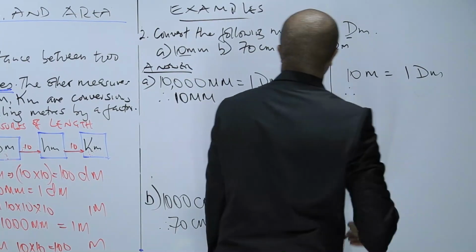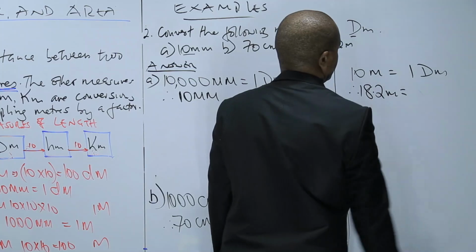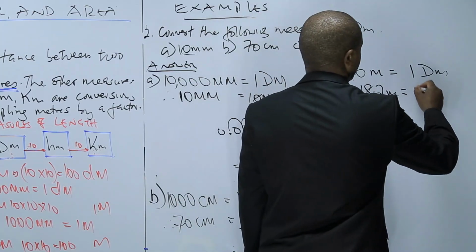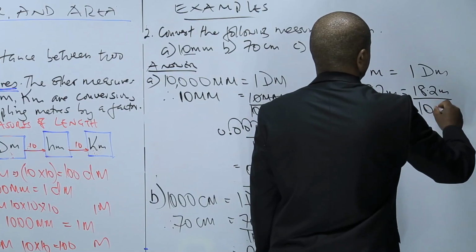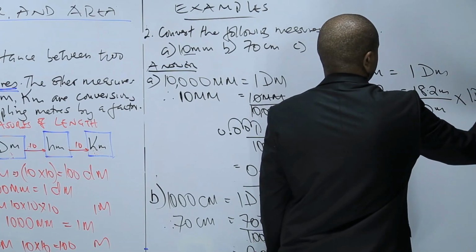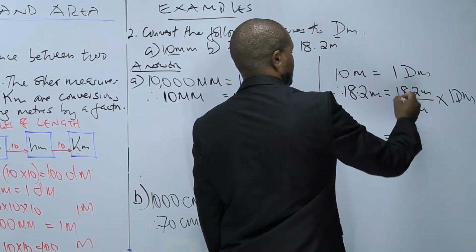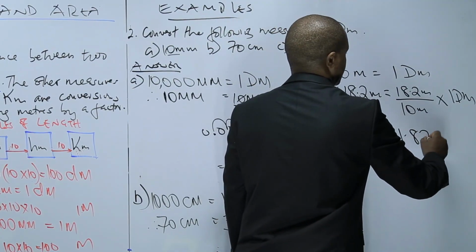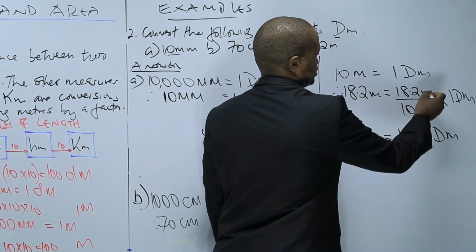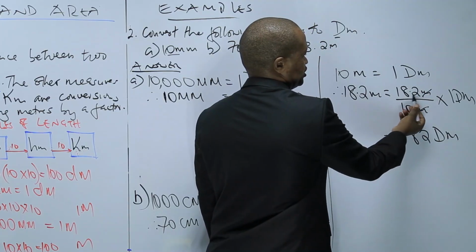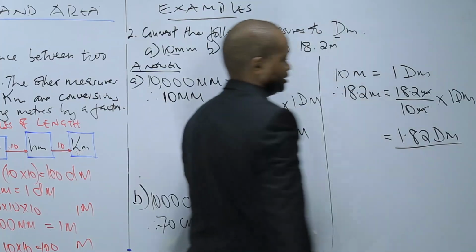Therefore 18.2 meters will be equal to the reciprocal, 18.2 meters divided by 10 meters times 1 decameter. So this will be equal to 1.82 decameters, because this meter cancels with that meter. So we are dividing 18.2 over 10 times decameter, and that is the answer.